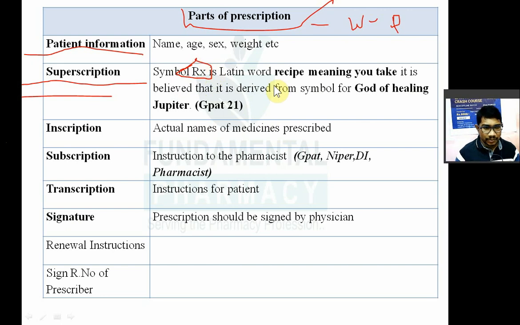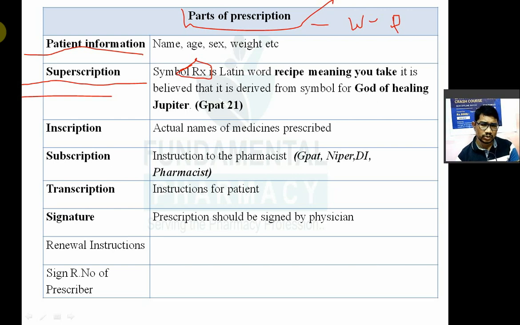Nowadays it is a printed prescription, but before the modern era of medicine there were dispensing practices. The doctor used to prescribe medicines, and then the pharmacist had to formulate it in a dispensary and then dispense the medicine. But nowadays ready-made formulations are available.